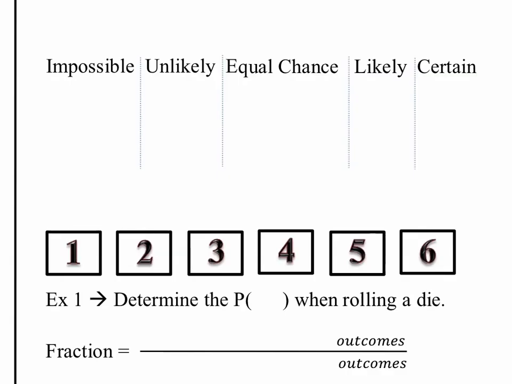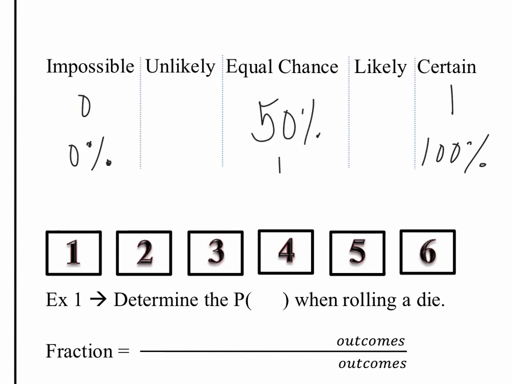Probability ranges between impossible, which would be 0 or 0% happening, to a 1 or 100% happening. There are some areas in the middle. Equal chance of happening? That is correct, 50%, or 1/2.